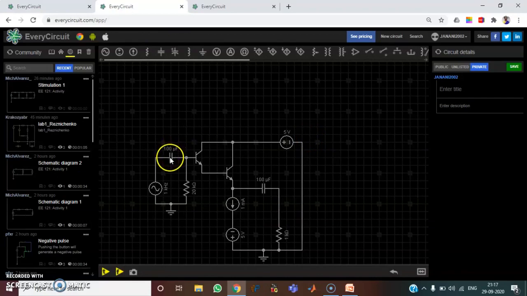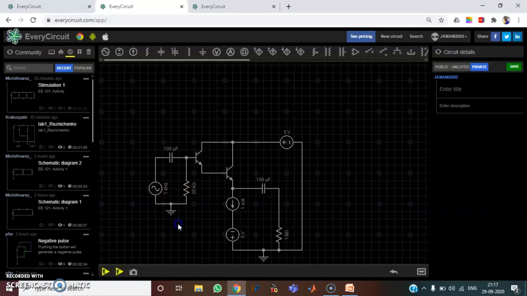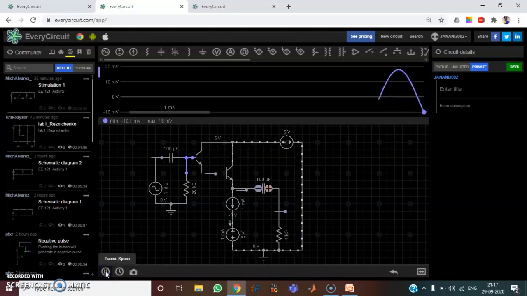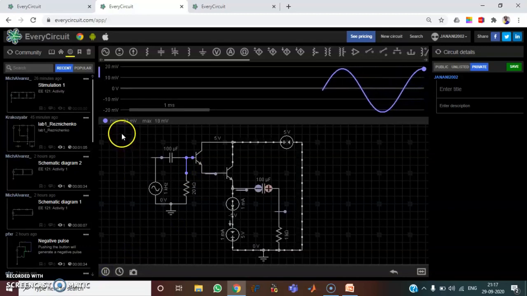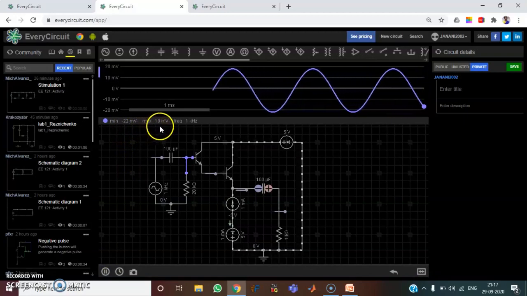Let us now see the AC analysis of the Darlington transistor. I have included capacitors of 100 microfarad and this AC input. This AC input has an amplitude of 20 millivolt and a frequency of 1 kilohertz. Let us now see the input waveform of this transistor. I am enabling show waveform and when I run this transistor, we get a waveform with a minimum value of minus 22 millivolt to a maximum value of 18 millivolt.